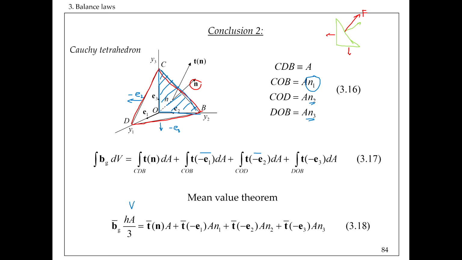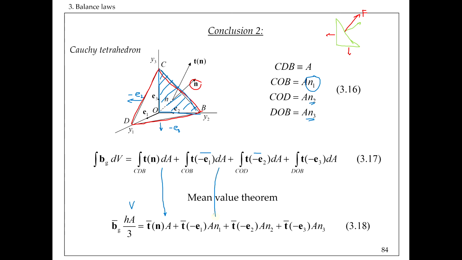Now, for the first part from here, again, we use the average value of t acting here, multiplied by the area A. Because this is CDB, so in COB the area will be A multiplied by n. So this is the weight h.